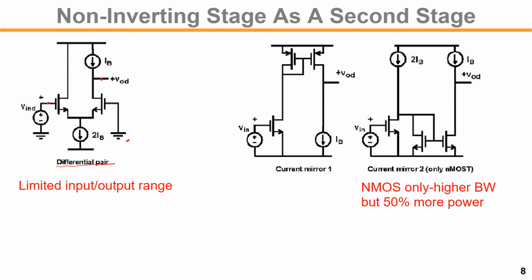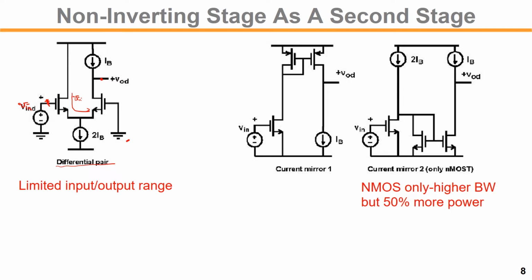If you change the voltage at the input, it will increase the current like this. Let's say this is Vin, so Vin times gm.